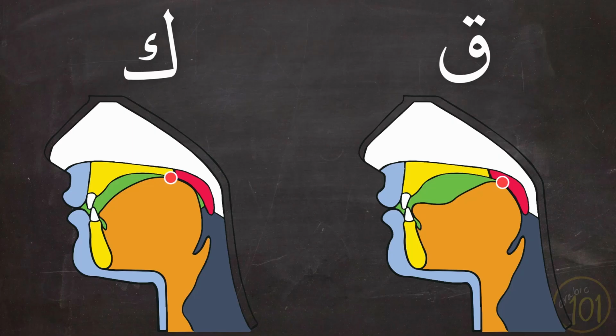But for the kaf, the sound is produced when the deepest part of the tongue is touching the area between the soft palate and the hard palate. So it is a little bit behind the pronunciation point of qaf, closer to the opening of the mouth. Qa, ke, aqqa, ak.